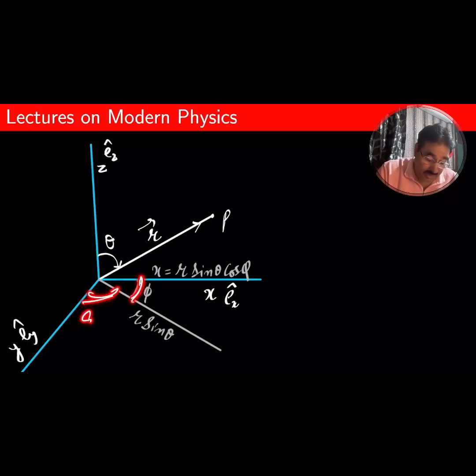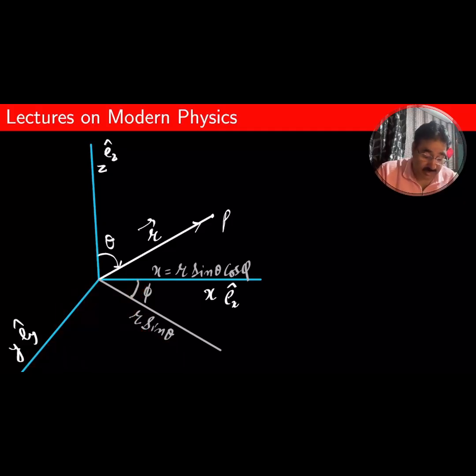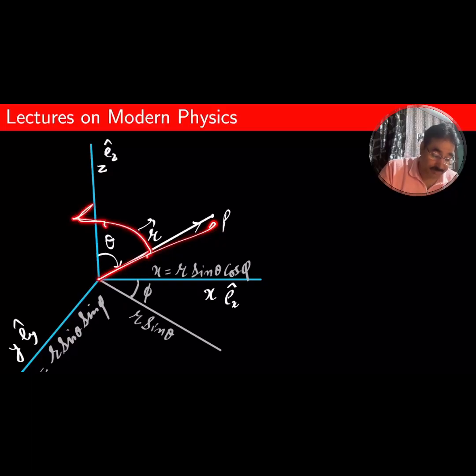This angle is 90 minus phi, so it would be r sin theta cos of 90 minus phi, which is sin phi. So y is equal to r sin theta sin phi. And what about z? The projection of r on z is simply, since this is theta, r cos theta. So z is equal to r cos theta.